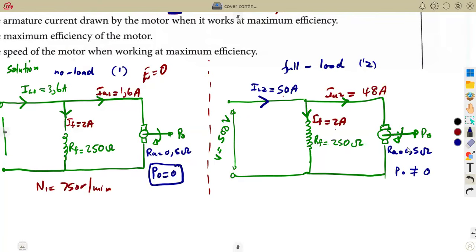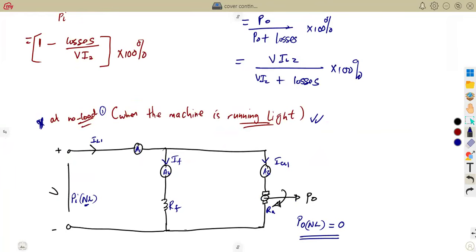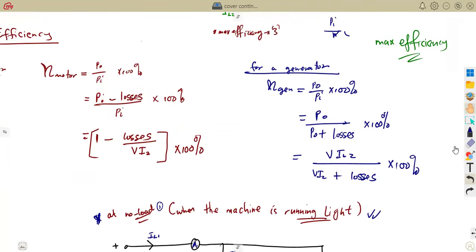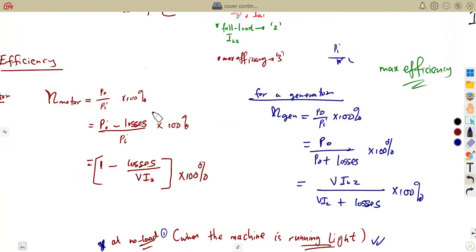This is a motor that we are having, and from our formulas, the efficiency can be calculated. If you are working with the motor, remember the introduction, guys, of a motor: output over input. And because the output is mechanical, it is difficult. We cannot calculate that unless we have a method.